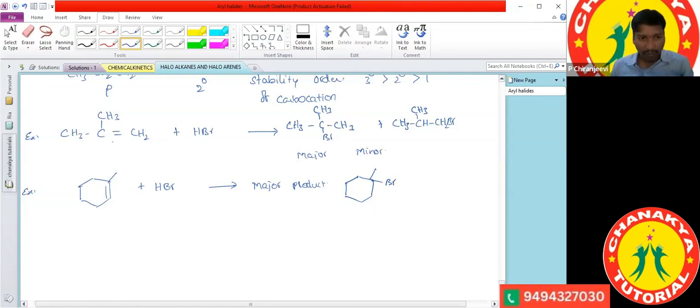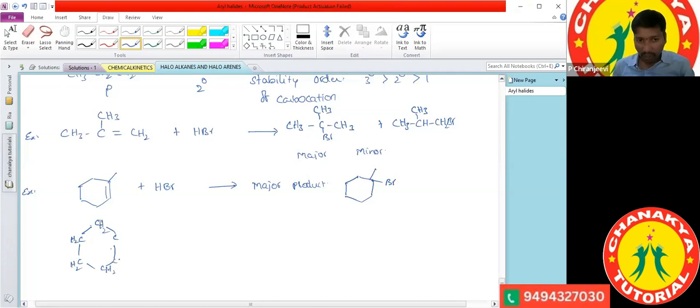Now I'm going to explain. I'll write the clear structure of this one first. Cyclohexane means 6 carbon atoms are there. First 1, 2, 3, here also carbon, here also carbon. Now each carbon is satisfied with tetravalency, that means CH2. This carbon also CH2, this carbon also CH2.